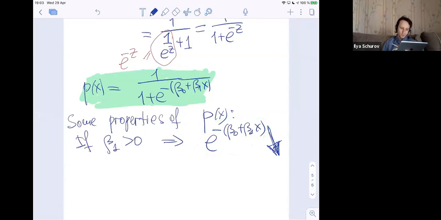And if this thing is decreasing, and it is in the denominator of some fraction with fixed numerator, then the value of this fraction is instead increasing. So I have this thing increasing. Okay.